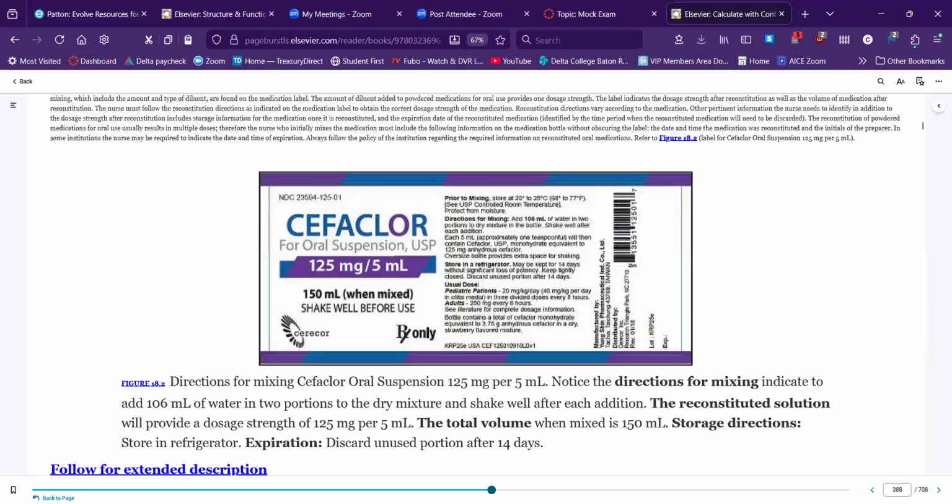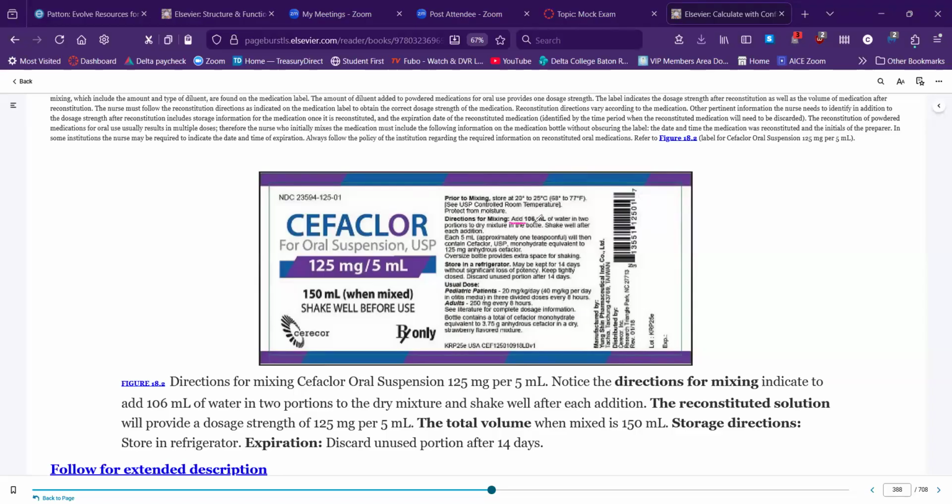So what you're gonna do here is, let me find my pen to write with. Okay, here we go. A couple of things I want to point out here. Right here it says directions for mixing.